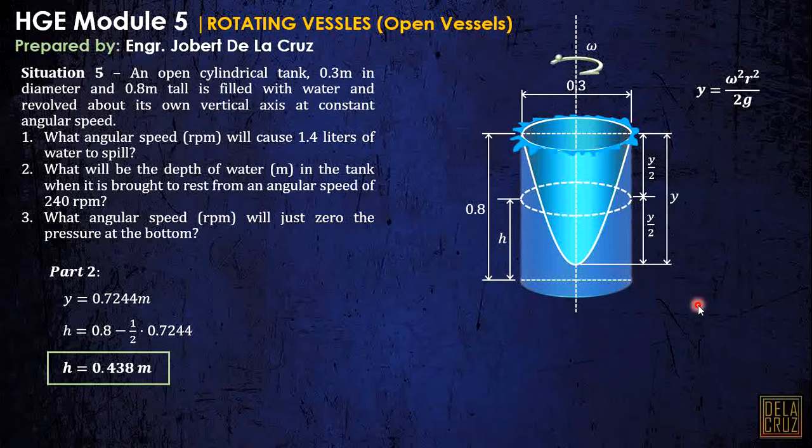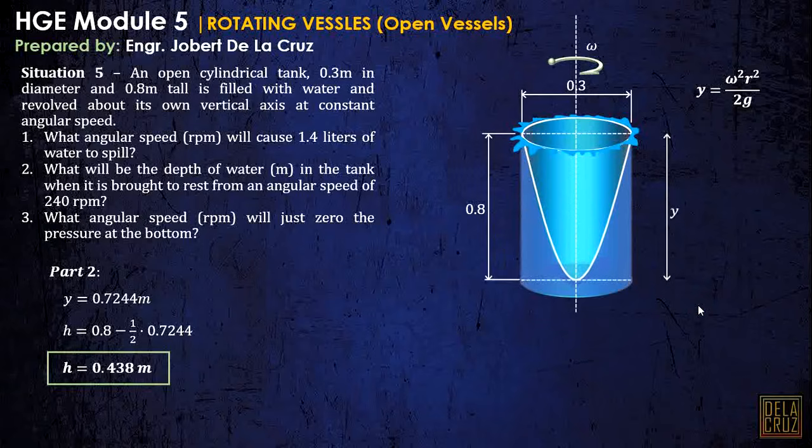Okay, part 3. Angular speed such that the depth of water at the center is 0 lang. I know, the pressure at the center bottom is 0. So, magiging 0 yung ating pressure dito kung walang water dito. So, the vortex should be touching lang the bottom dyan. Okay?